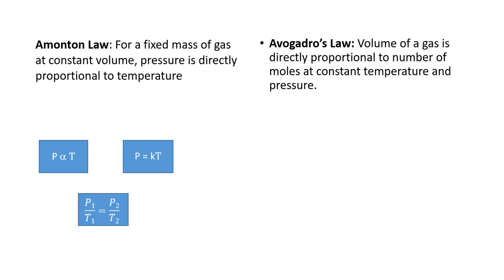So this one is P1 over T1 is equal to P2 over T2. This deals with pressure and temperature, and it has constant volume, that's one, and it has a fixed mass. That is Hamilton law.